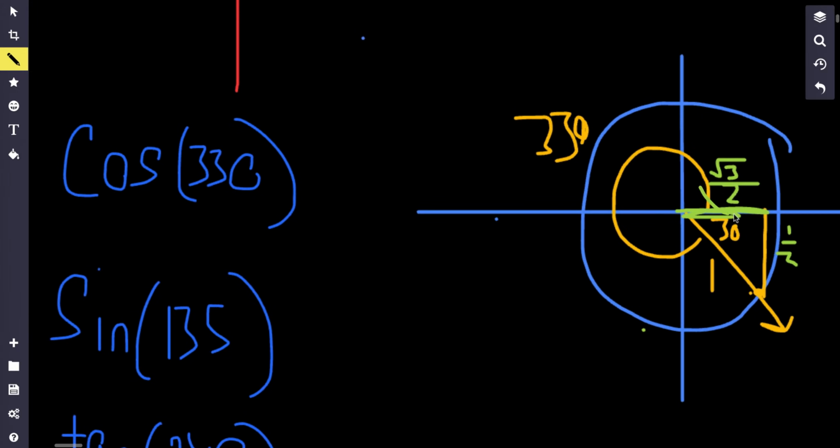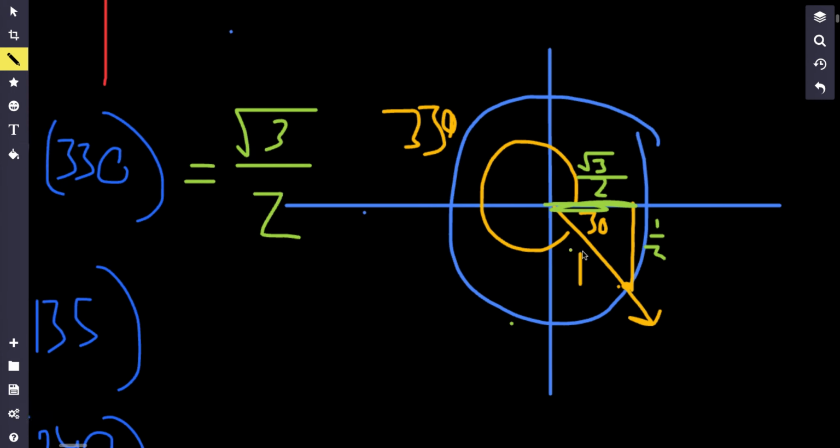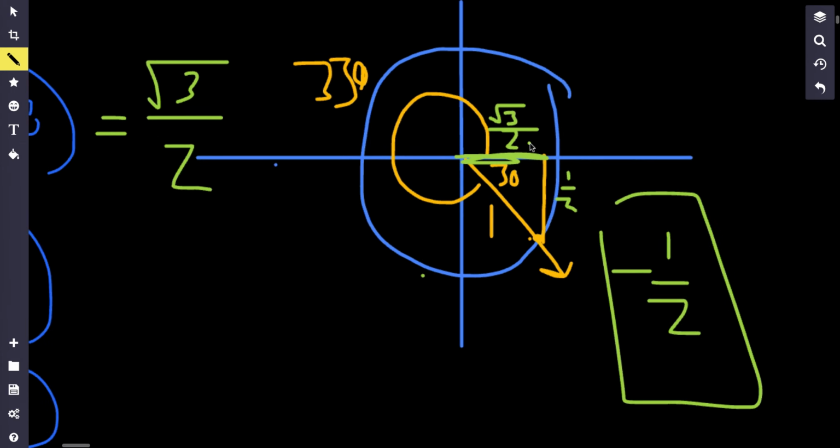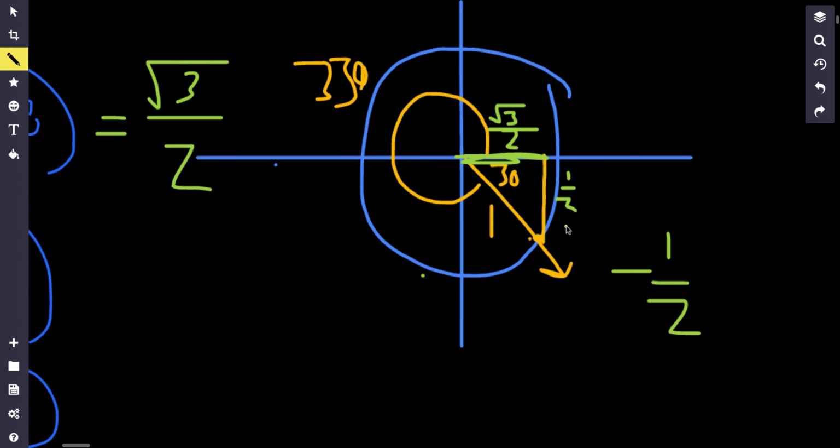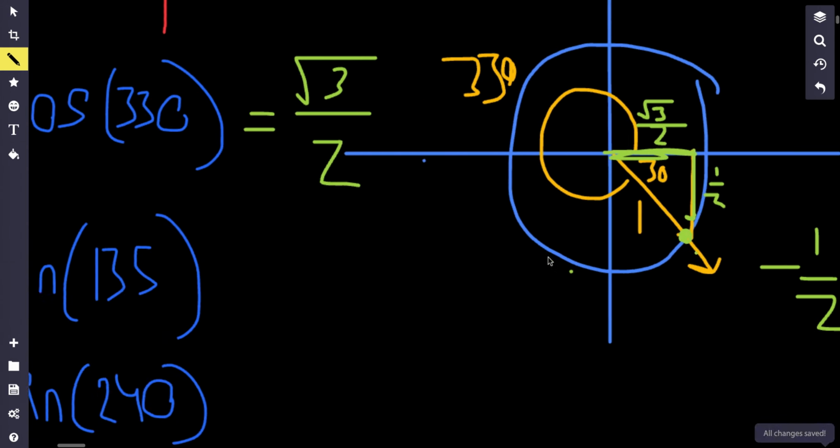The x value is root 3 over 2. If we were trying to find the sine value, which represents the y value, it would be negative 1/2, because you're going 1/2 unit down, and we're trying to find a coordinate at this point.